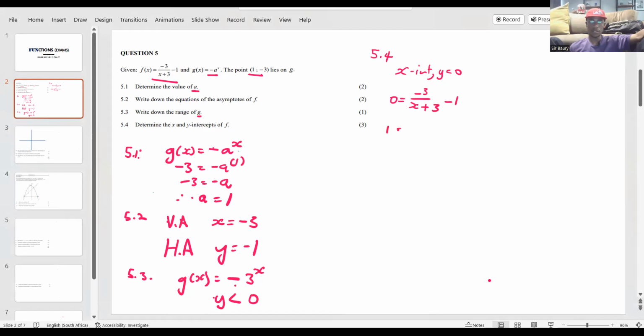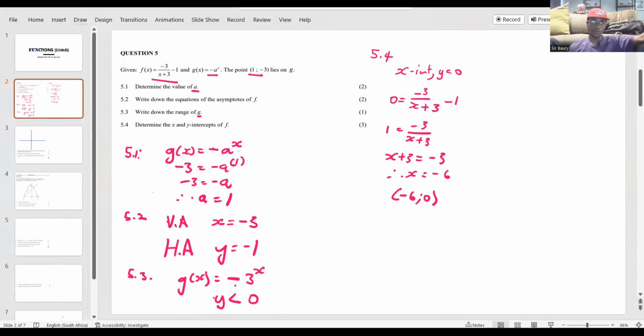So I have 1 being equal to negative 3 over x plus 3. This is just general algebra. x plus 3 equals negative 3, cross multiplication. So therefore, x is going to be negative 6. So I have negative 6, 0, that's the x-intercept.